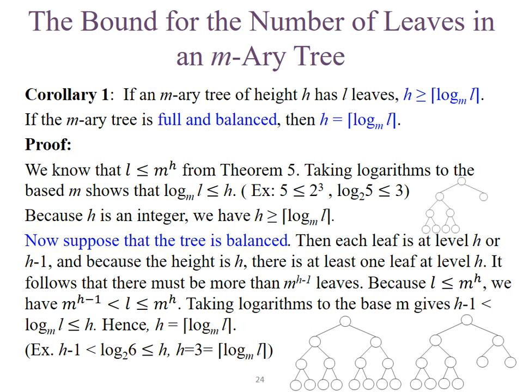Once we take the log here with the base n, then we will have h minus 1 less than log L with the base n and less than h. Okay, then we can conclude if the log L with the base n is less than h and larger than h minus 1, then actually h equals log L with the same operation.